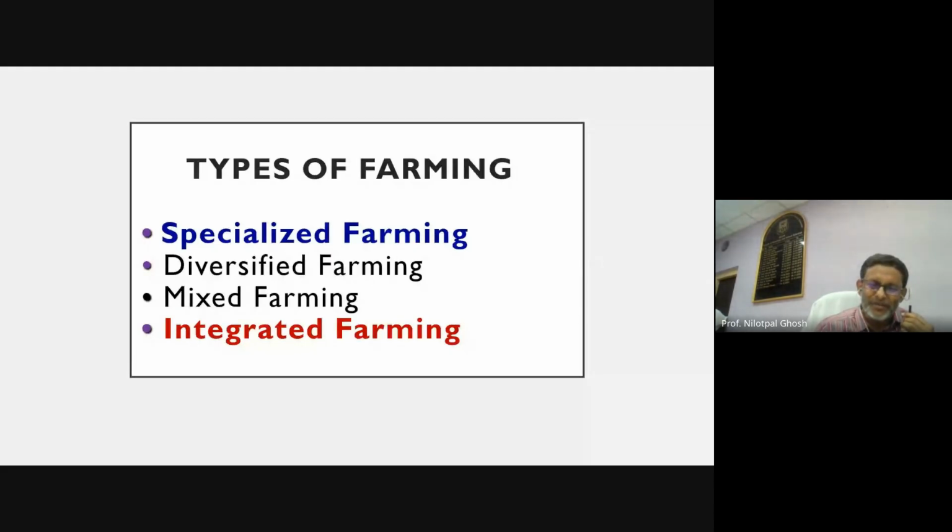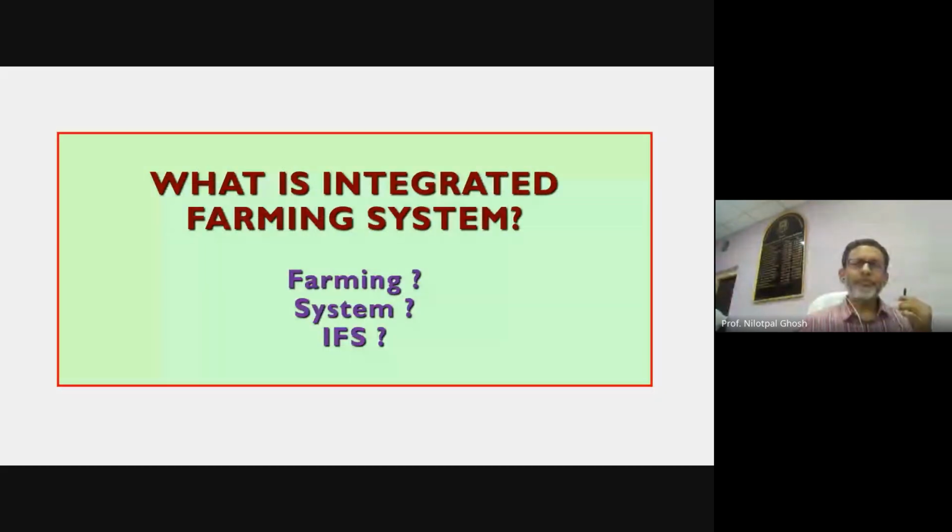Integrated farming is the another side of the mixed farming, where animal component may be there, but the income may be less than 10% or maybe 80% of the total income, whatever. No demarcation is there, but integrated farming means many components of agriculture, horticulture, animal husbandry, this and that may be integrated, may be practiced at a time. And what is this integrated farming system?